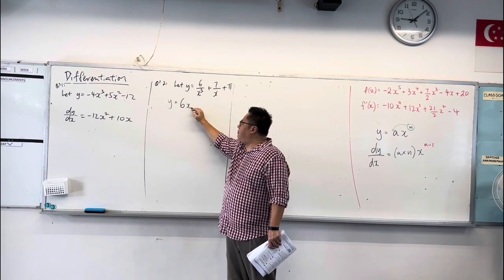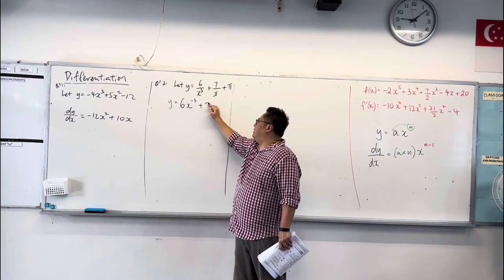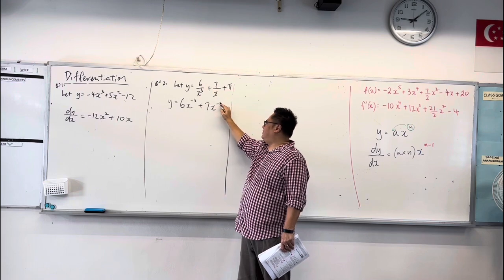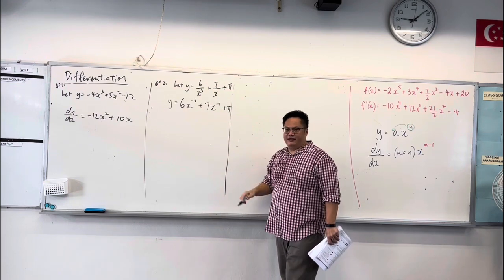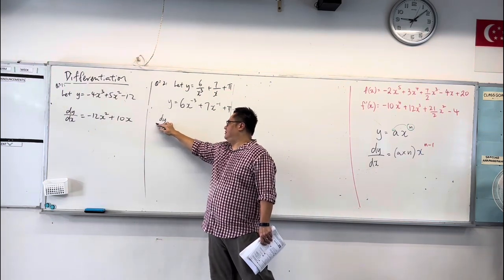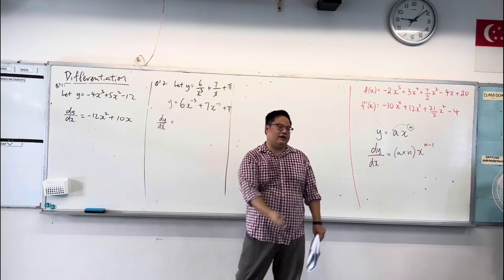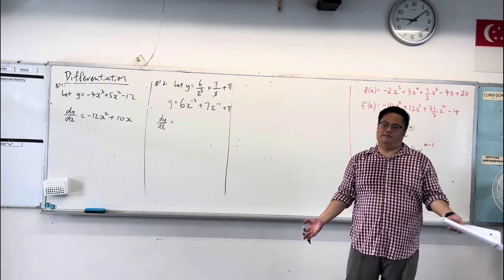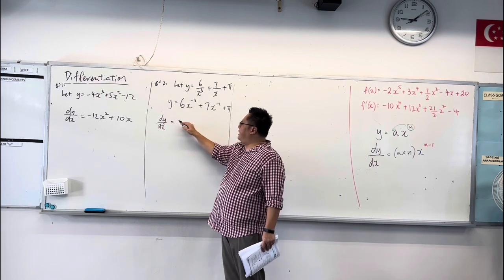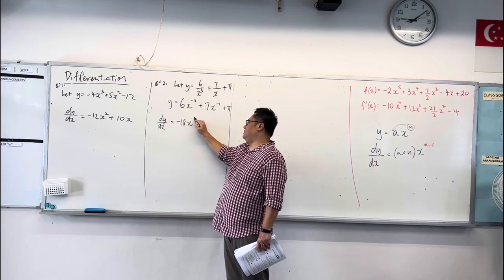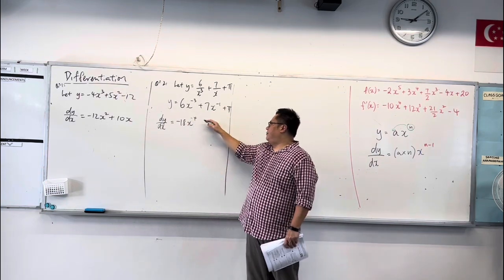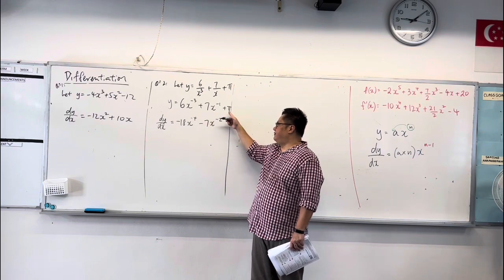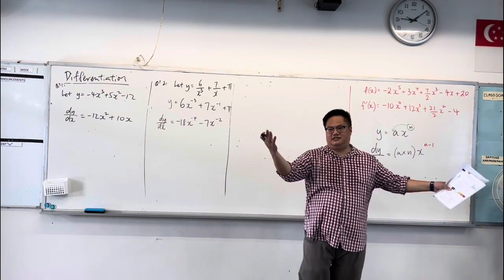This is x to the power negative 3, x to the power then plus pi. Then you happily differentiate. Apply the same rule that Rachel talked about: power bring down negative 18, x to the power minus 4. Minus 7, x to the power minus 2, differentiate a constant, differentiate pi is just 0.